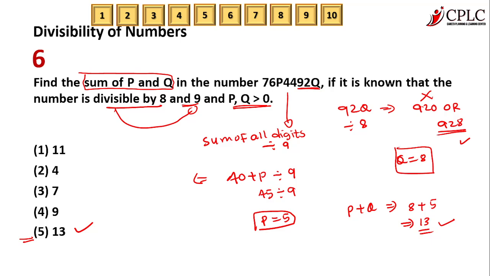Apply both, you get the values of P and Q, and you get your answer. That's how you can do question number 6. I hope you are with me and understanding. If you have any doubt or any questions, go back to that particular question, see it again, feel that confidence, and then move forward.